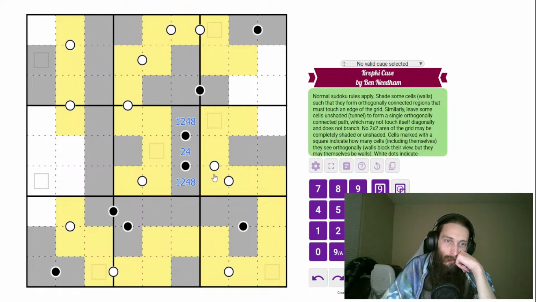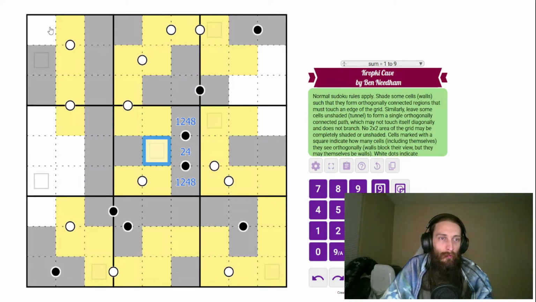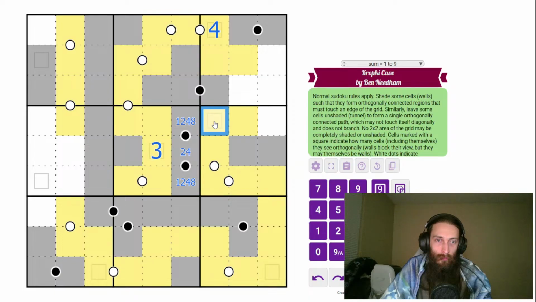Row 1, column 7, that square. Is it 4? It's 4. So that tells us box 6, that little square. If the path goes straight up instead of turning, then it would be a 4, so it has to turn. And then it can't, so it has to go this way. And 1, 2, 3, 4, 5, 6. 1, 2, 3, 4.